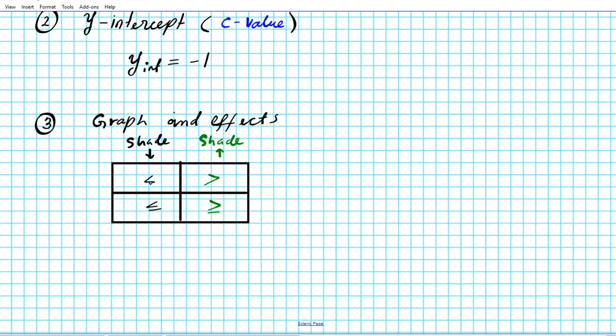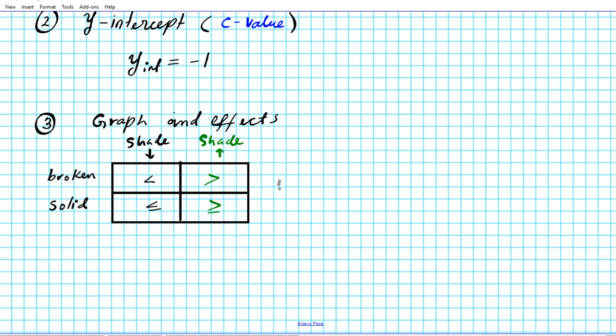Now, if you have less than or greater than, your line will be broken because it does not include the line. If you have less than or equal to or greater than or equal to, in this case your line will be solid because of that inclusion component of the inequality symbol.